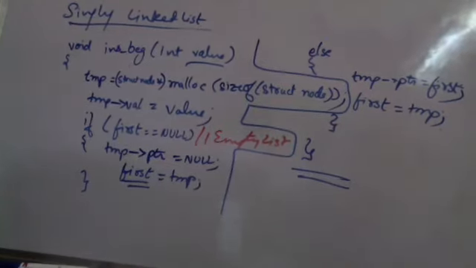Do you want me to write it in the form of a proper program? I will write the entire program for you so that it becomes a little easier. Here you will have hash include standard input output dot h.